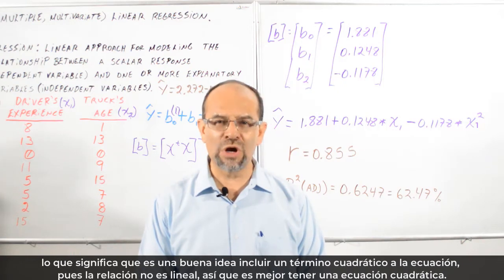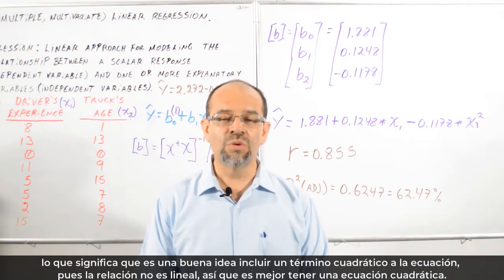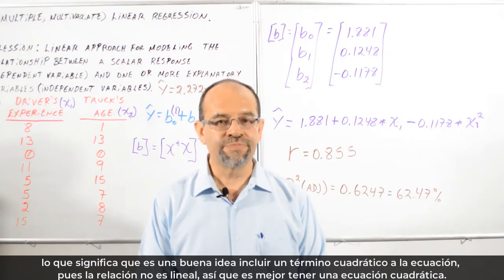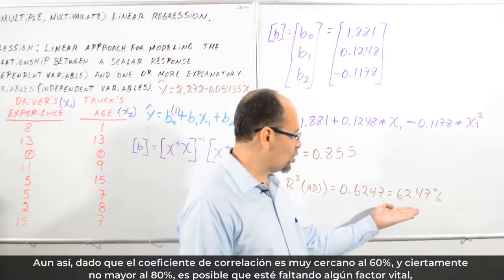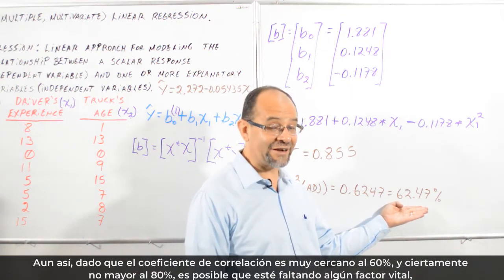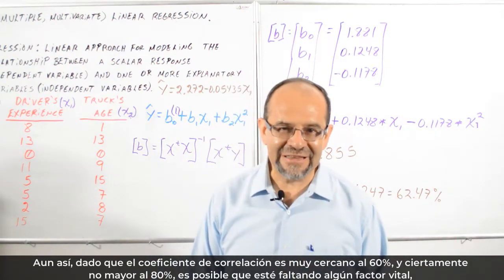The relationship was not linear, and it's better to say that this is a quadratic equation. Still, since the R square adjusted is very close to 60%, not greater than 80%, very likely we are missing a vital factor.